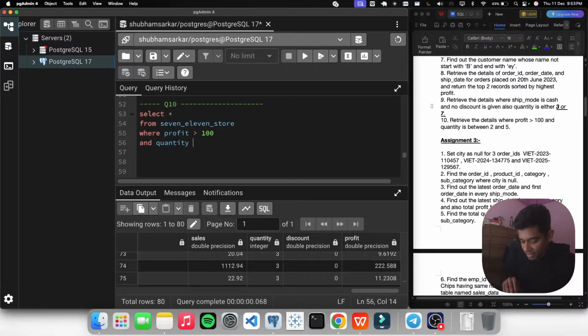Okay, it can be like that. So we can write quantity between 2 and 5 like that. Can we write this? Let's see.